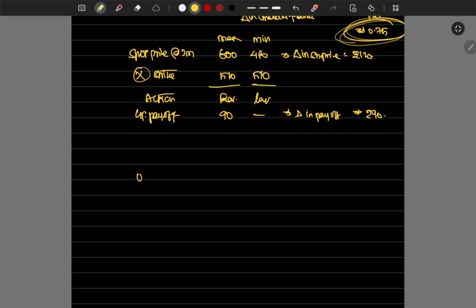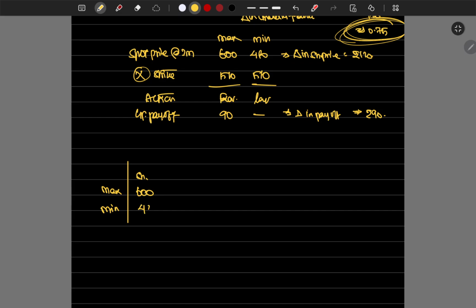So delta, max price, minimum. This share price is 600, 480. Delta is 0.75, 0.75. Multiply this 600 into 0.75, which is delta into share price, which is 450.